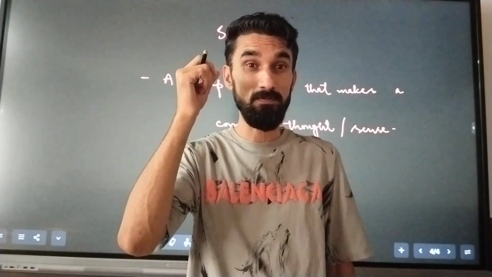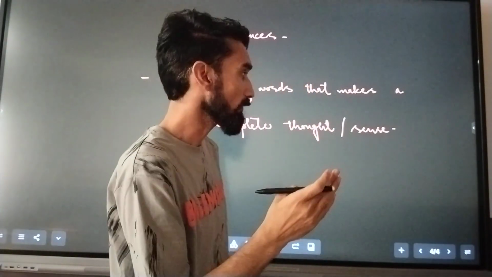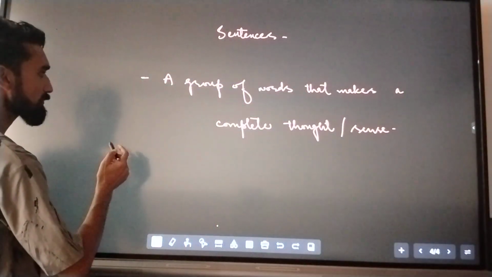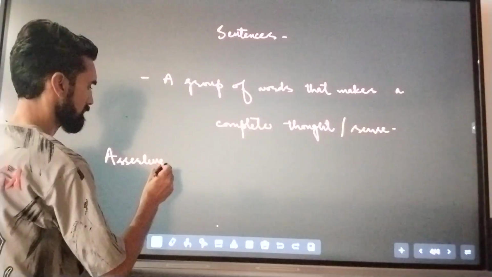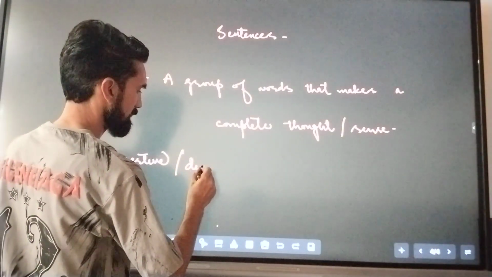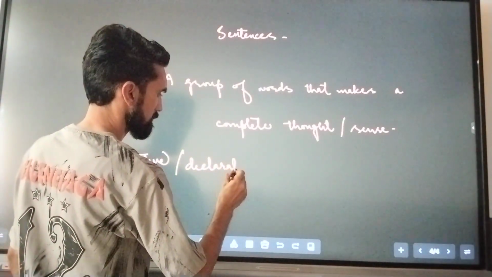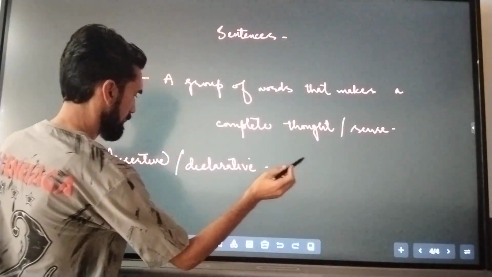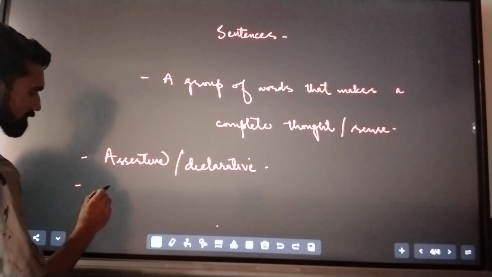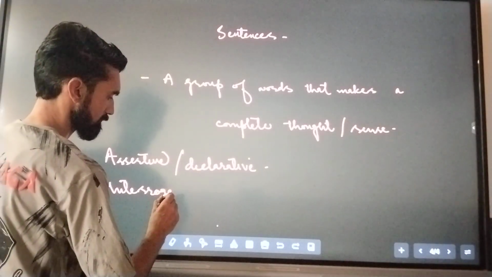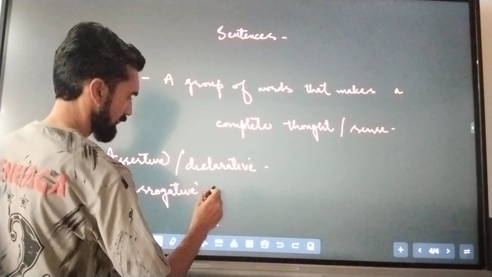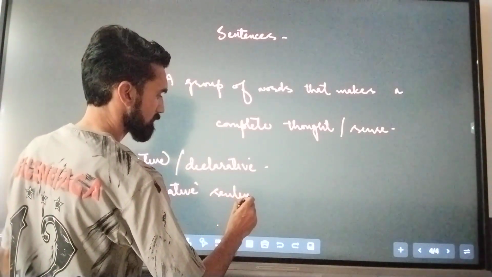Which are these kinds? Generally, four you have. The first one is assertive or declarative. Then you have interrogative sentences.